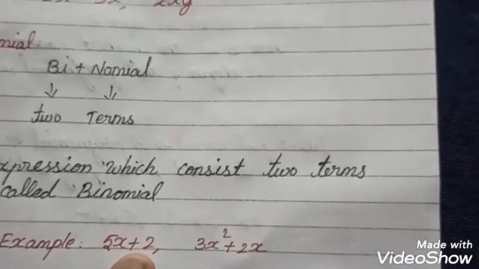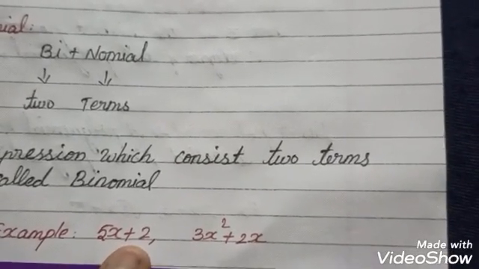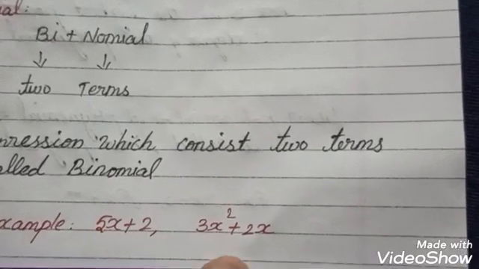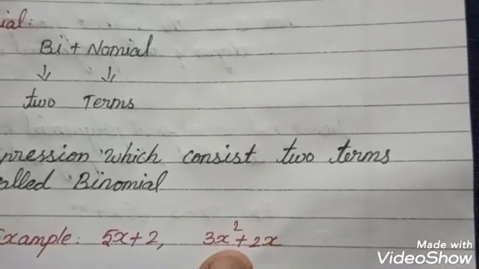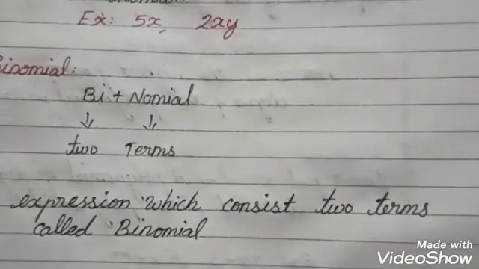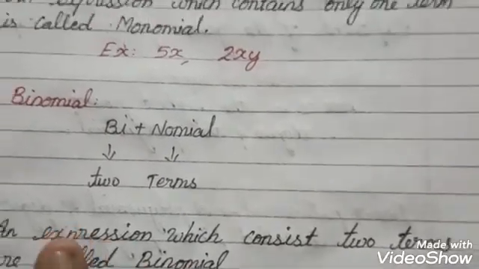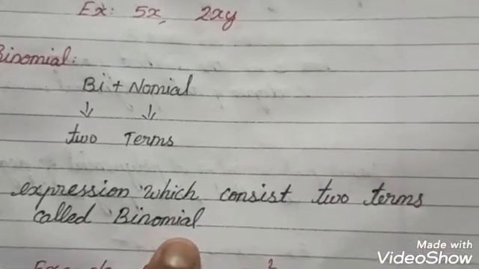In between, there is a plus, which is a fundamental operation, so it splits the terms. Totally 2 terms are there. Here 3x square is one term and 2x is another term, separated by plus. It is not only a positive symbol, it may be a negative symbol also. So an expression which consists of 2 terms is called a binomial.